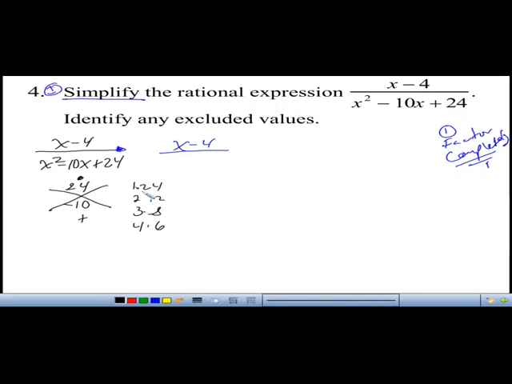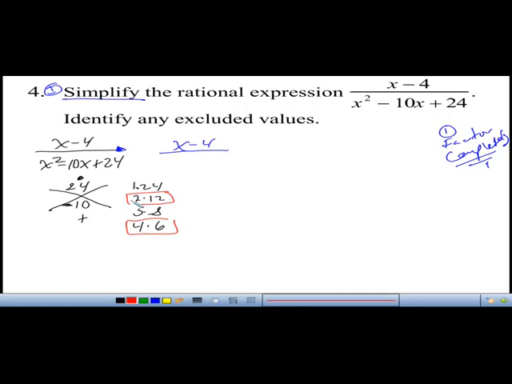So think about it like this. Which pair of factors add or subtract to give us negative 10? At first glance, my brain sees the 2 and the 12 and the 4 and the 6. But let's look now more in detail. The product has to be positive, but the sum has to be negative, which means that both of them need to be negative.